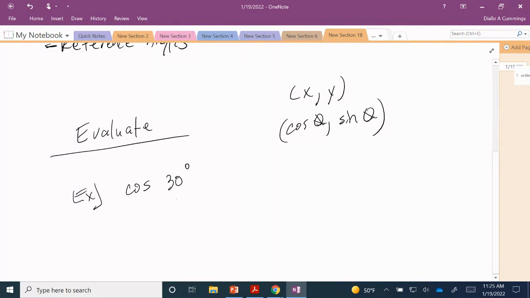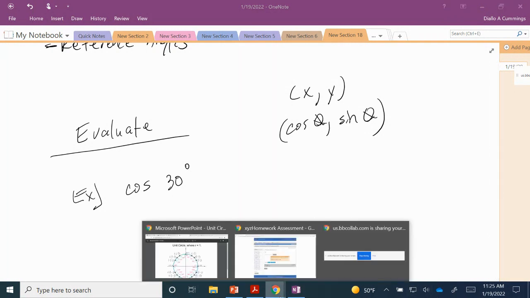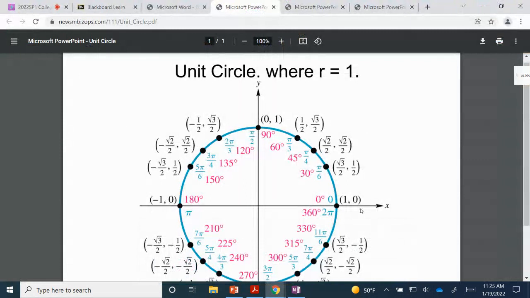So if we wanted to find the cosine of 30 degrees, we would simply locate 30 degrees. We would look at our x and y coordinates, and since we're finding the cosine, we would use the x coordinate. So I'm going to go back to the unit circle.